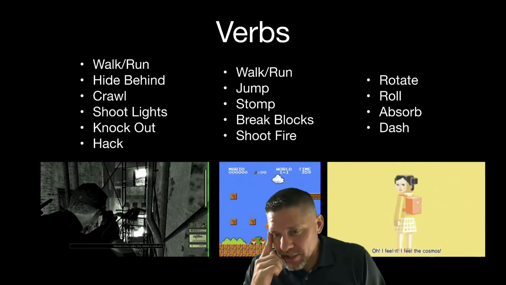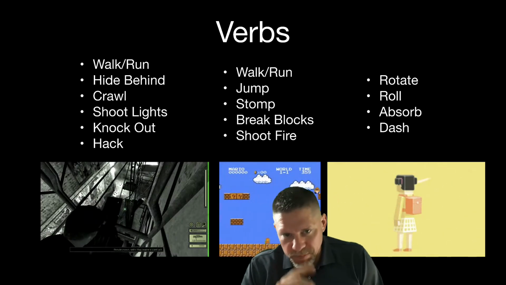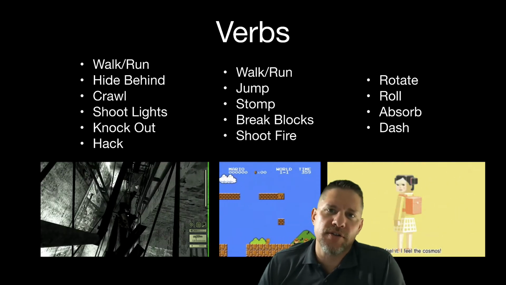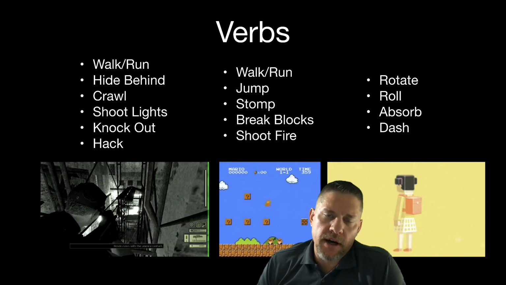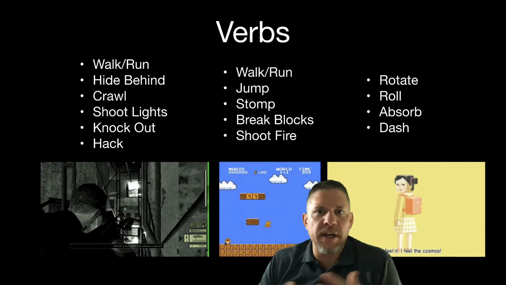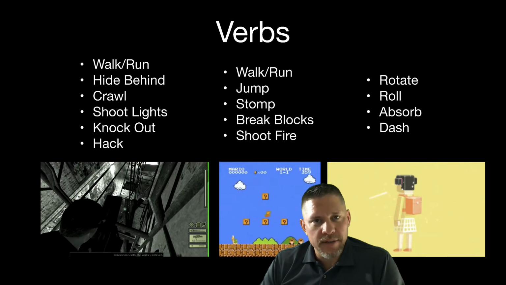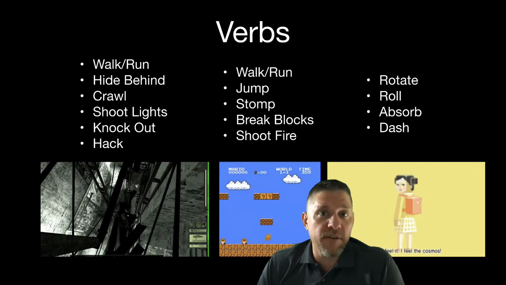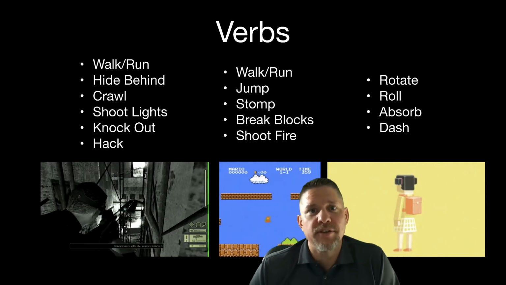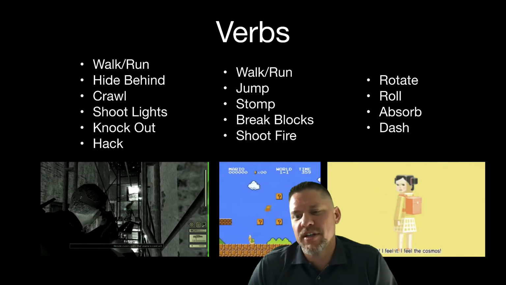And I like picking this one because whereas the first two columns, those are not exhaustive lists. Those are some of the verbs, but not all of the verbs. However, in the case of Katamari, that's pretty much all the verbs. That's all the player can do in that game. So kind of interesting.